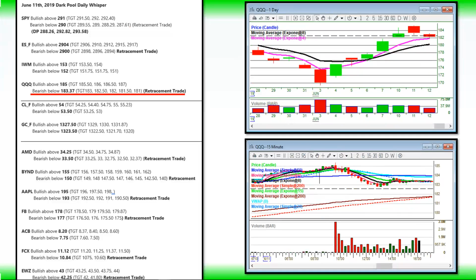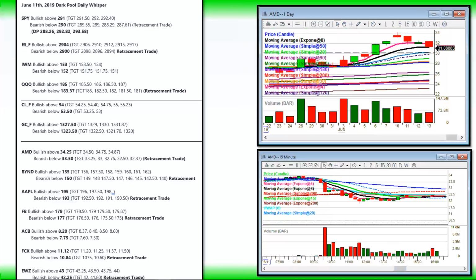So here's the next trade on QQQ, retracement trade. I was bearish below 183.37. All right, and mind you, we opened up top and then we went down and we hit that 4 the next day. But we went down that day. There's a 15-minute. Here's one on AMD.